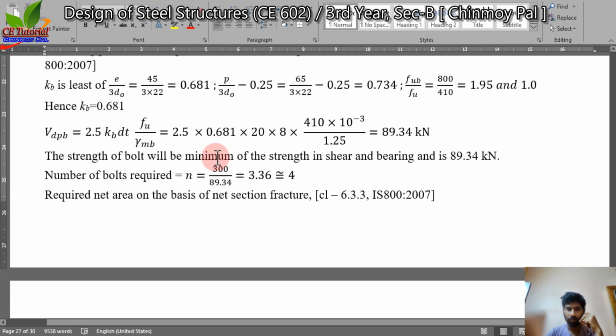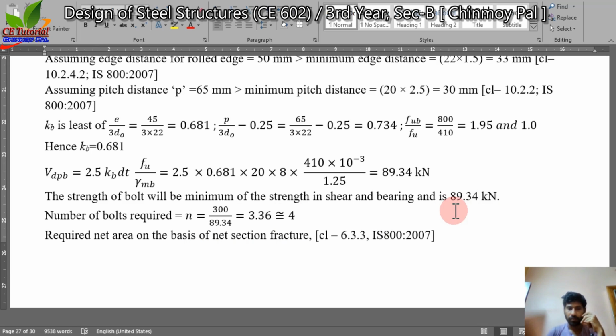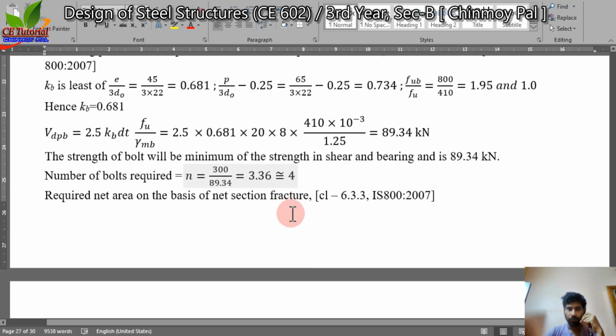The strength of bolt will be the minimum of the strength in shear and bearing, that is 89.34 kN. So one bolt can carry 89.34 kN load. So number of bolts is 300, that is factored applied load, divided by strength of one bolt. It is 3.36. So approximately we are providing the number of bolts as 4.